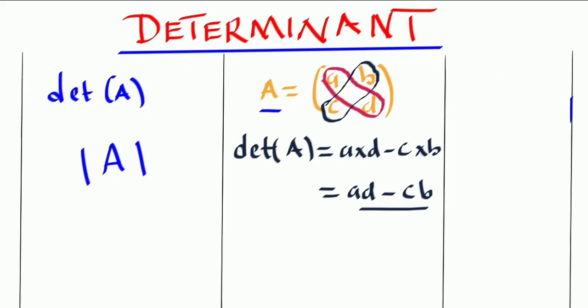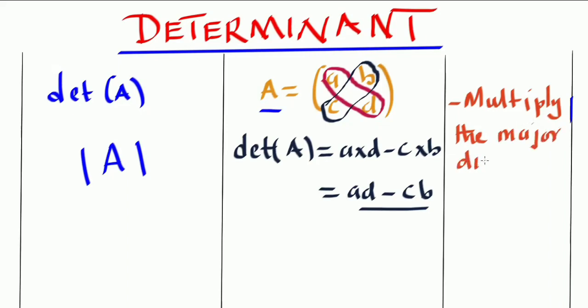Mostly when finding the determinant, there are a few steps that you must consider. First thing, multiply the major diagonal. The major diagonal is right here, like this.